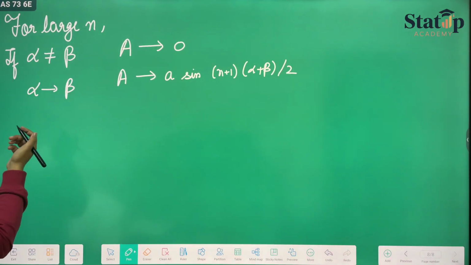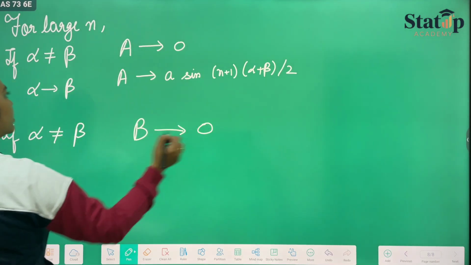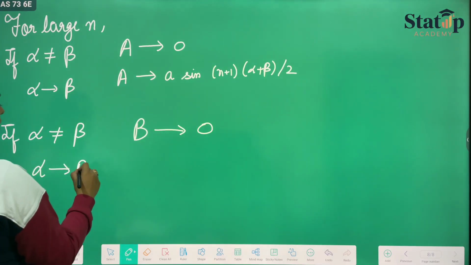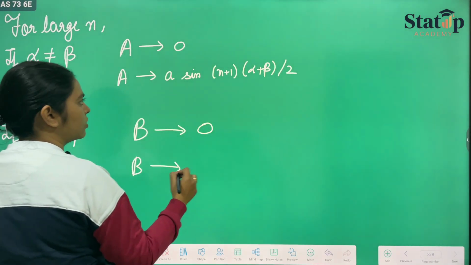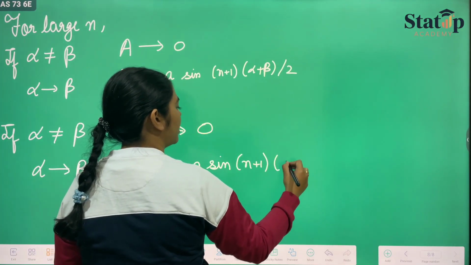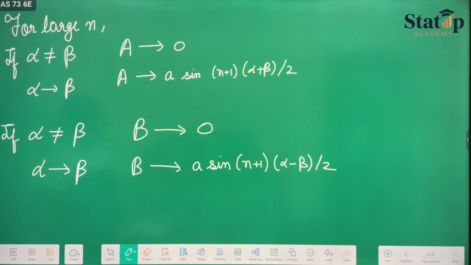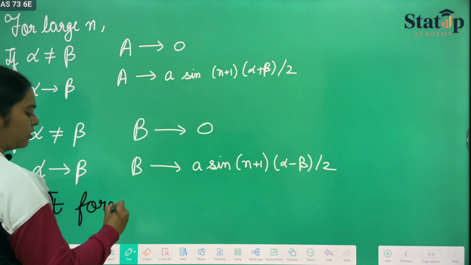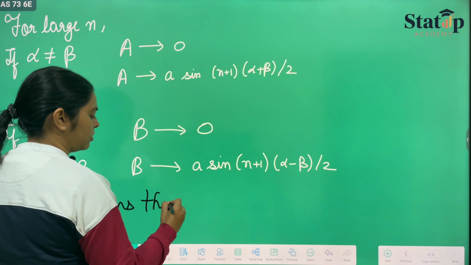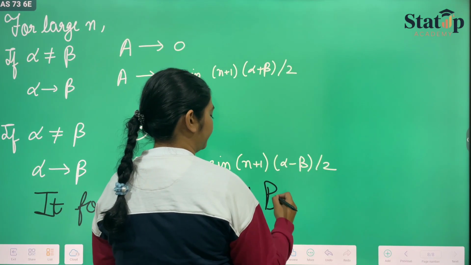And similarly for B, if alpha is not equal to beta, then B goes to 0. And if alpha reaches beta, then B reaches A sine (n plus 1)(alpha minus beta)/2. So these would be the results, and it forms the basis of the periodogram.